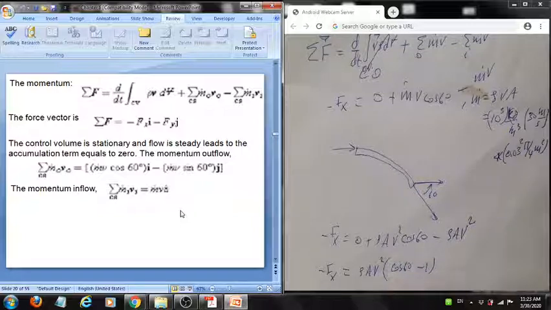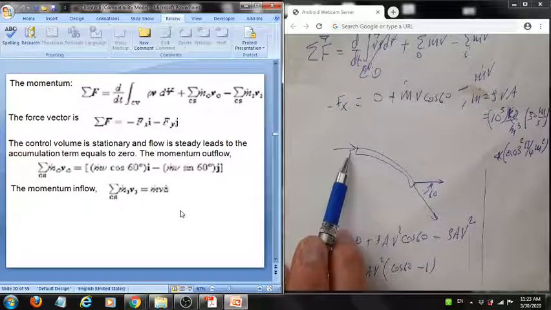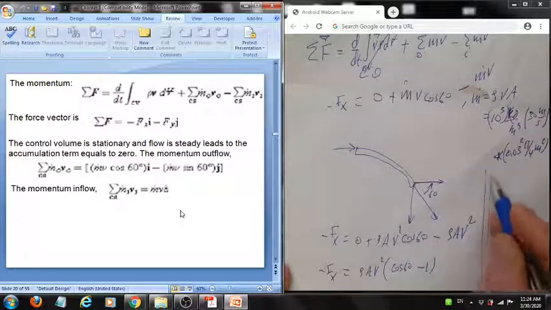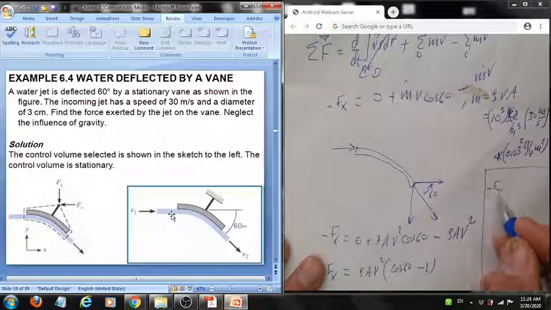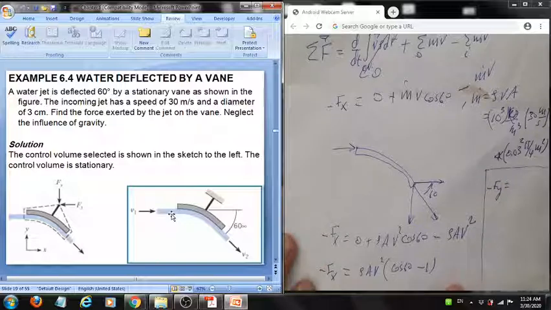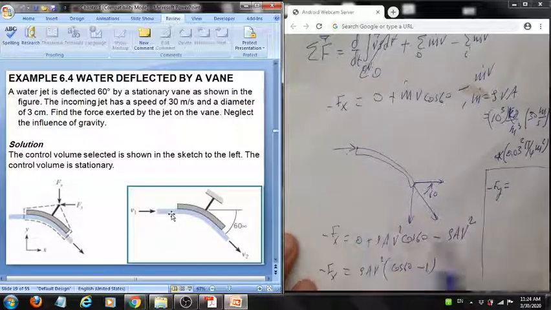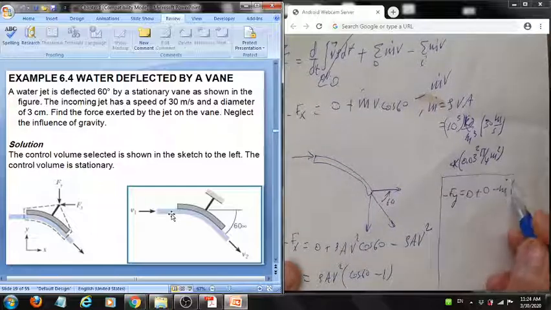In the y direction, we have also to solve it. Here we have no component in the y direction at the inlet. Here we only have one component in the y direction. So in this case, we go back to the figure. We have minus Fy equal to leaving, there's no y component, so 0 leaving, minus m dot multiplied by this component.